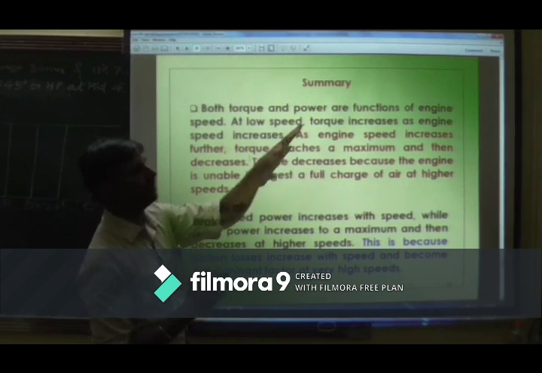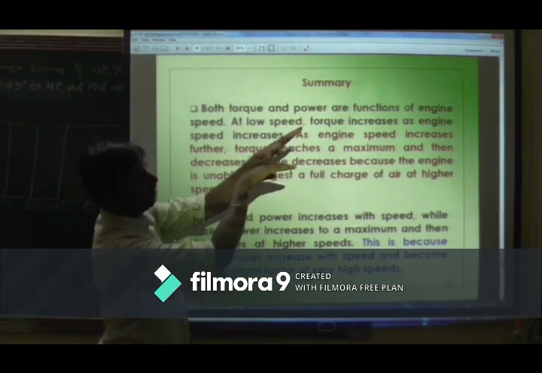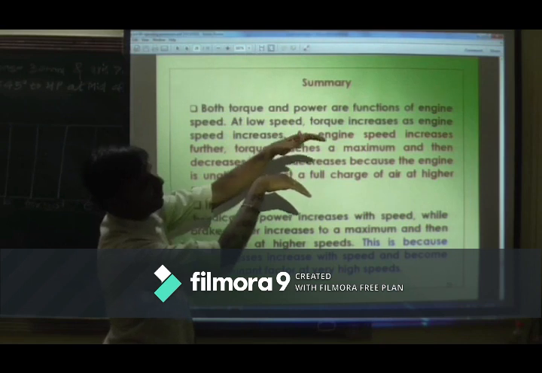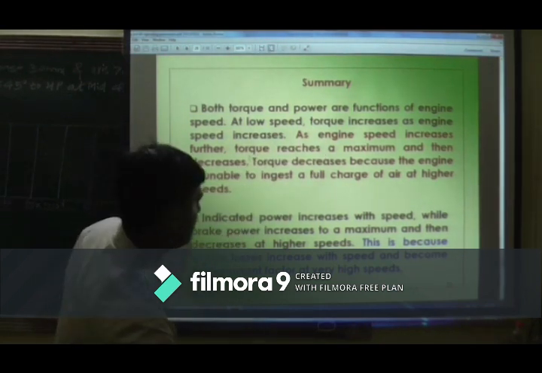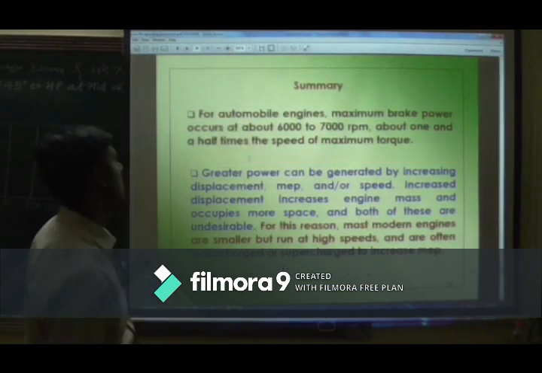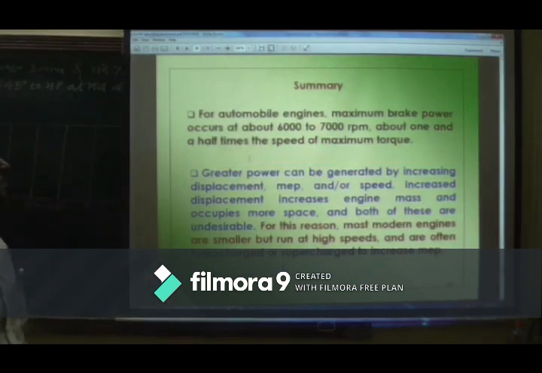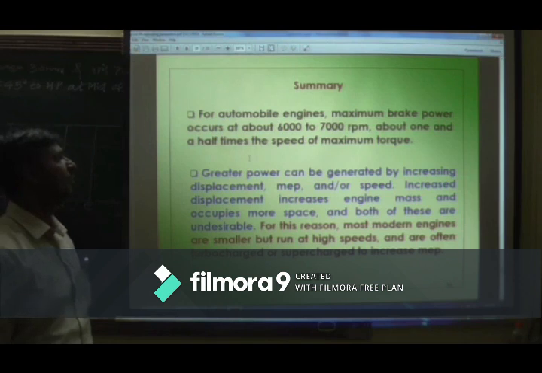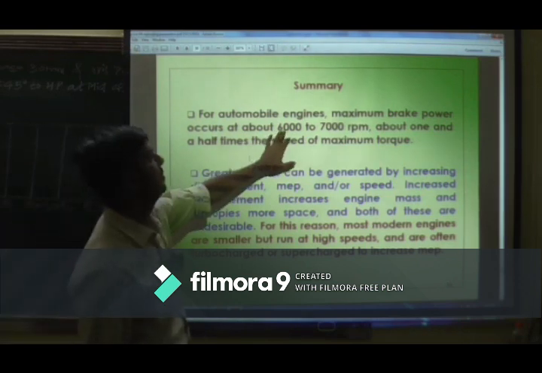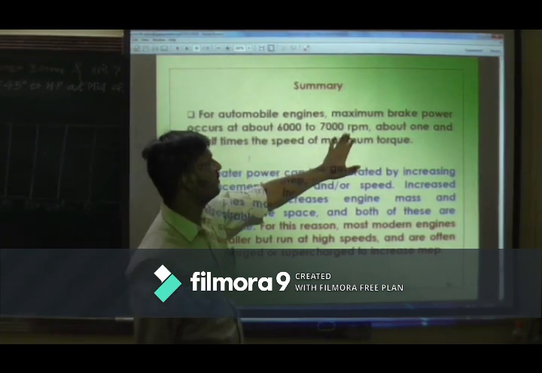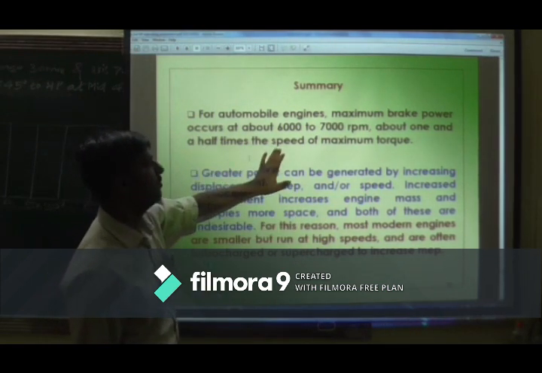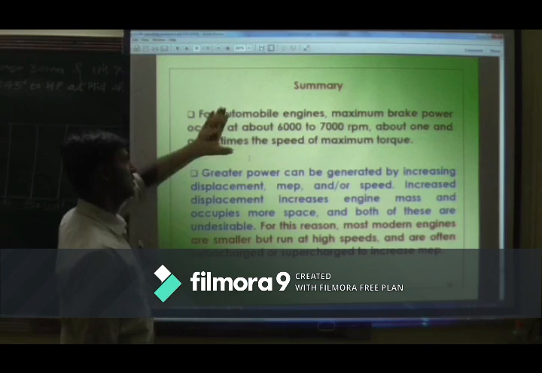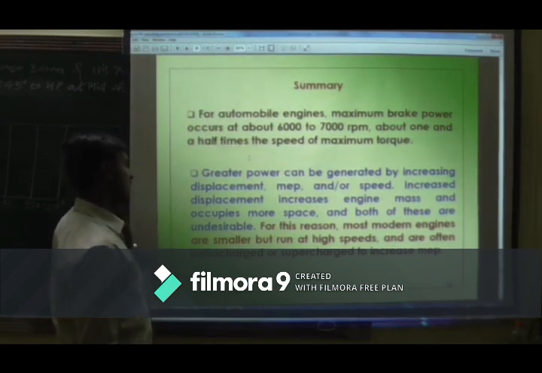Indicated power will keep increasing, and brake power will decrease from here. For automobile engines, maximum brake power occurs at about 6000 to 7000 rpm, about 1.5 times the speed of maximum torque. So this thing also you have to remember.